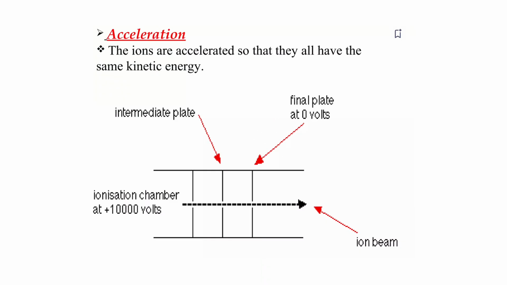The next step is acceleration. The positive ions are accelerated so that they all have the same kinetic energy. The ionization chamber has a voltage of about 10,000 volts, and the ion beam passes through this chamber.